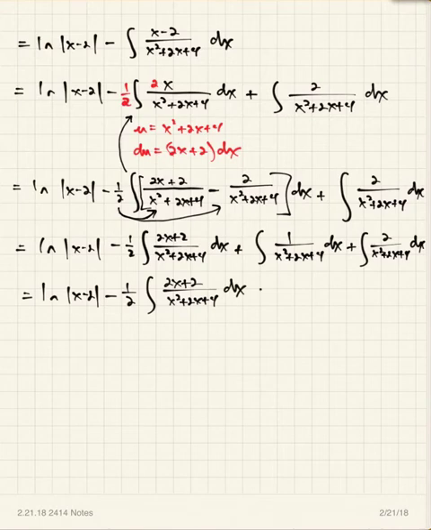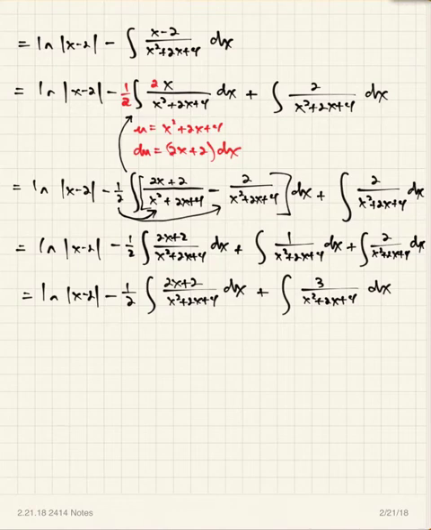And then these last two integrals, I can go ahead and add them together, and I get 3 over x squared plus 2x plus 4 dx. And once again, if you multiplied this out, you should get the original integral at the very top. If I combine all the arithmetic here, I should get the original integral back.